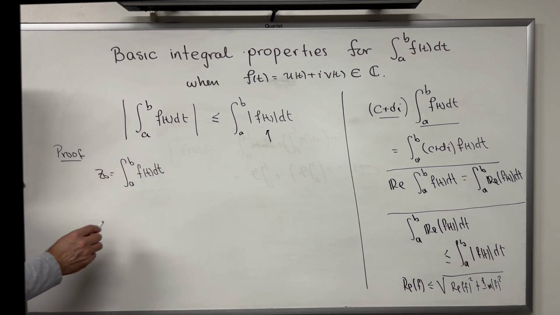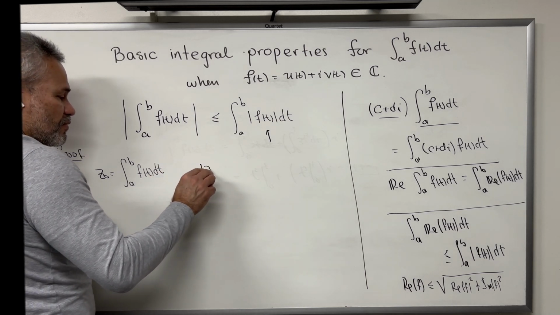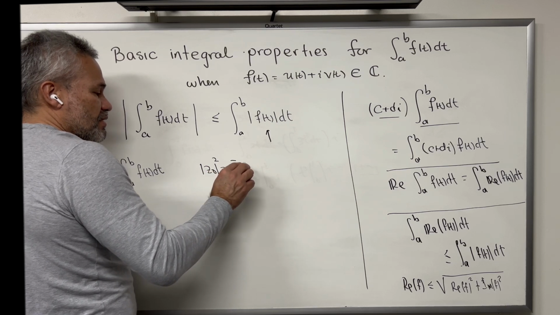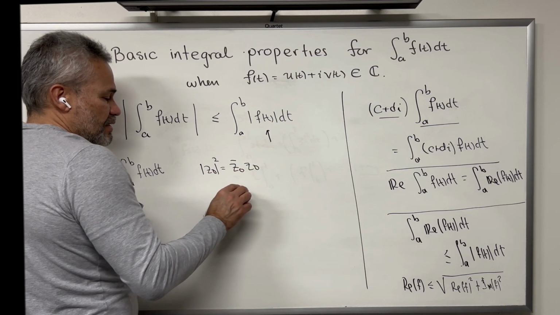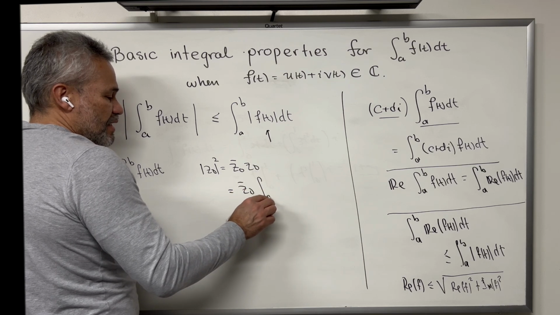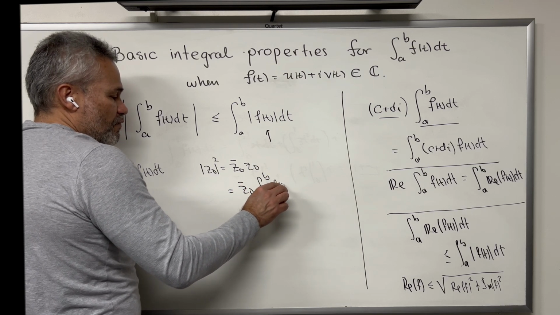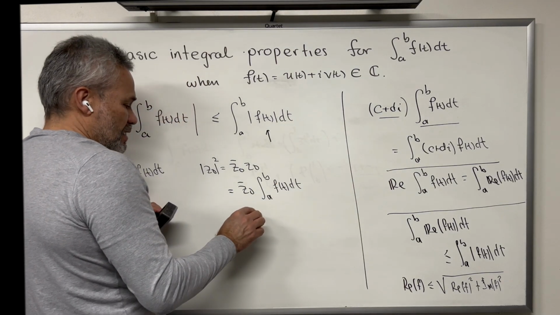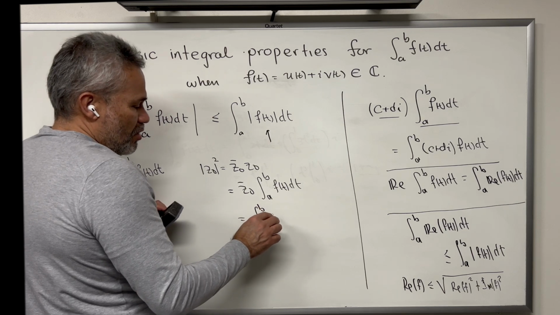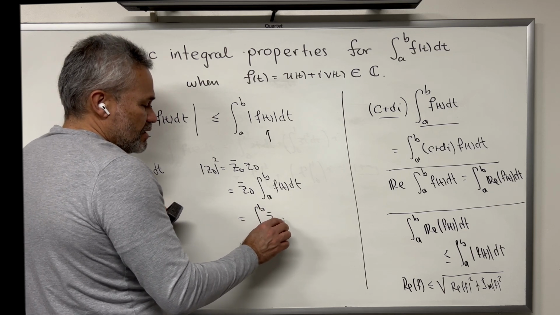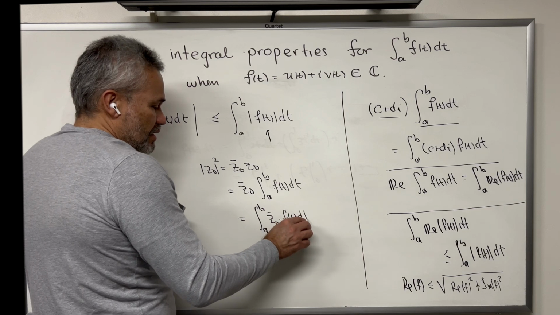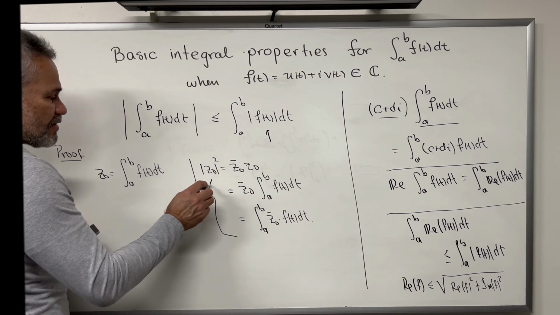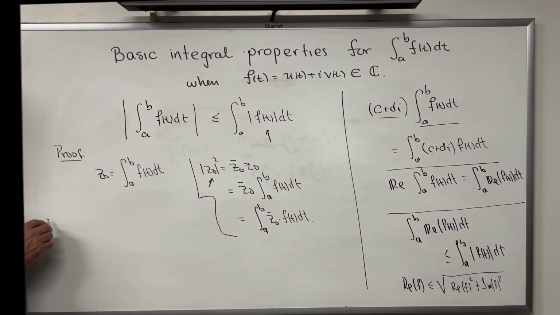And then we have that the norm of c sub 0 squared is just c sub 0 conjugate times c sub 0, but this is c sub 0 conjugate times the integral from a to b of f of t dt, and using this property, this is the integral from a to b of c sub 0 conjugate times f of t dt.